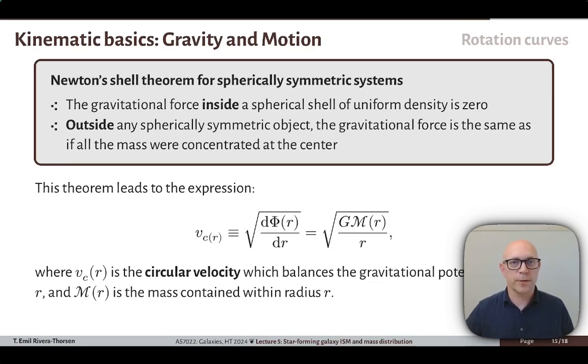This theorem states that the gravitational force inside a spherical shell of uniform density is 0, and outside any spherically symmetric object, the gravitational force is the same as if all the mass were concentrated at the center.